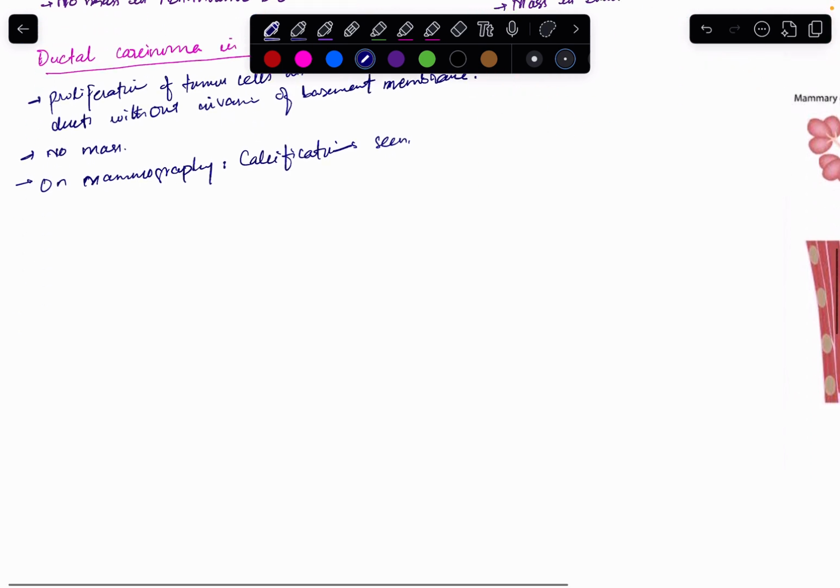So to differentiate whether these are calcifications of benign origin or malignant origin, we are going to do a biopsy. In biopsy, we are going to differentiate malignant and benign conditions.